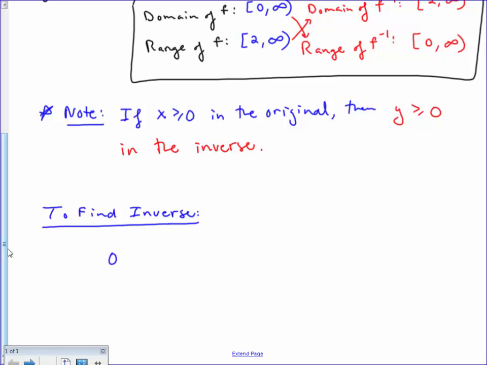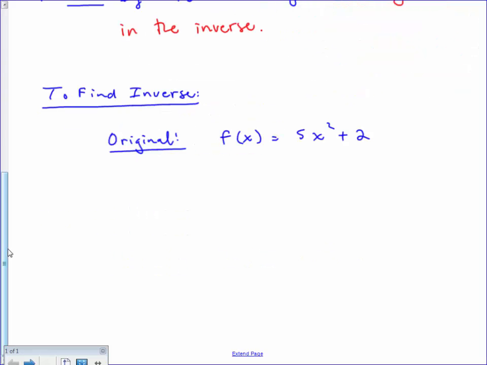On here, the first thing I want to do is write down the original function. The original function was f of x equals 5x squared plus 2. In place of f of x, that's the same thing as y. So we actually want to rewrite the original as y equals 5x squared plus 2.